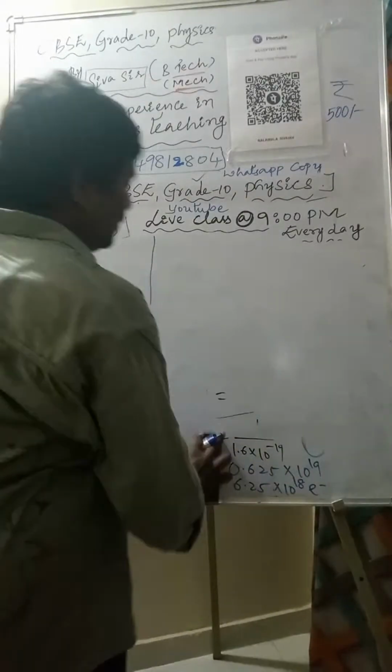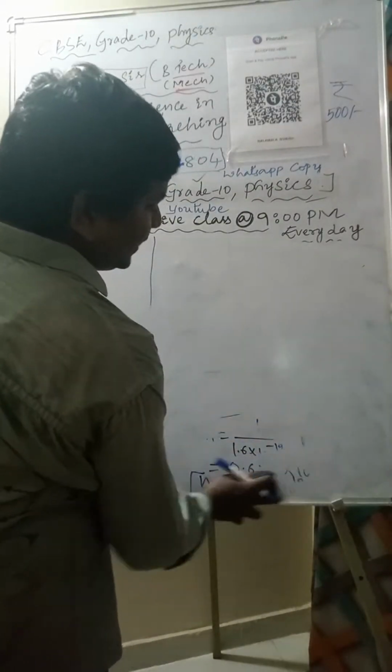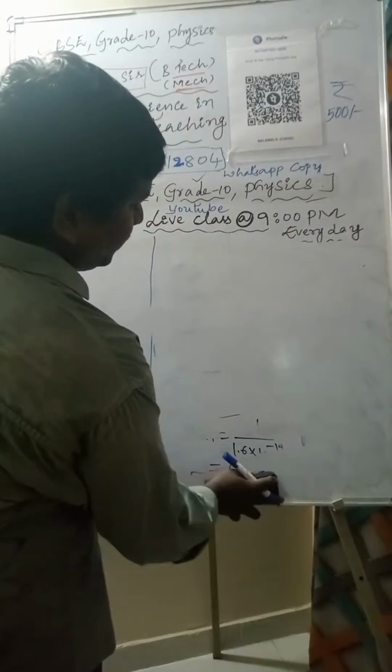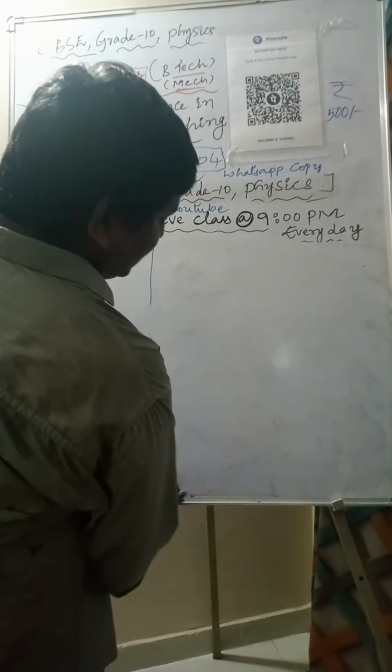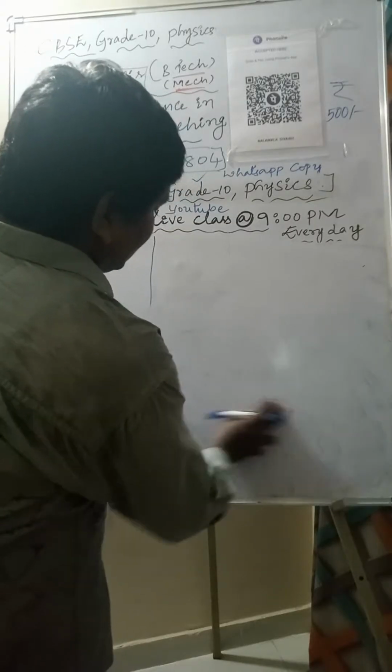Conventional electrical appliances I will explain. Based on that, so many concepts are interlinked. Electrical appliances. We can say electrical components or electrical appliances.